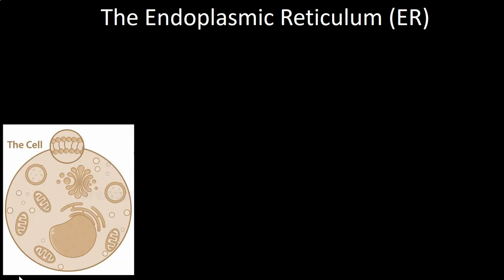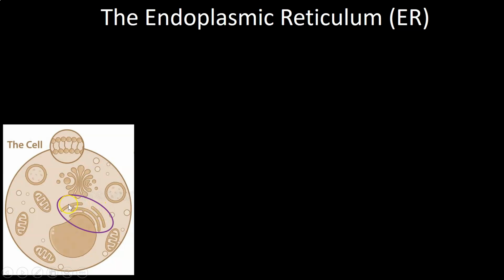The next very important organelle that I wanted to mention was the endoplasmic reticulum. Where is the endoplasmic reticulum on here? It's this here. It's these sheets of membrane very closely associated with the nucleus, and that's important, as you'll see in a minute.